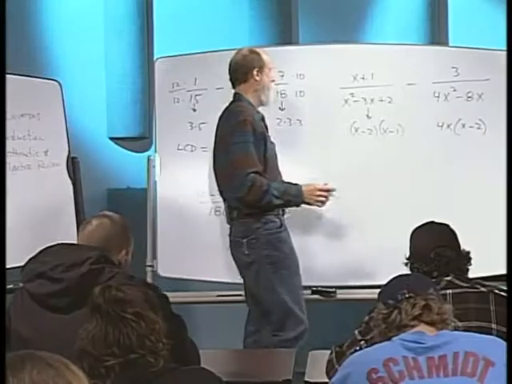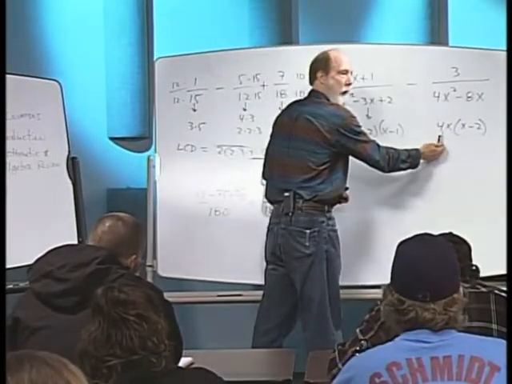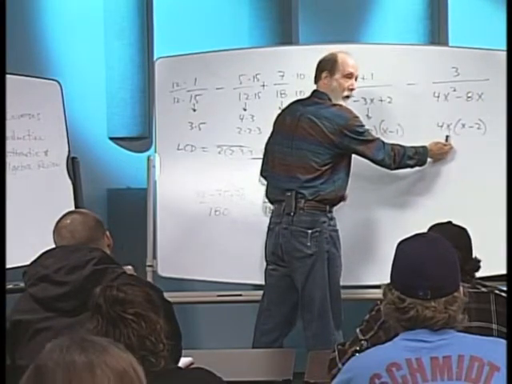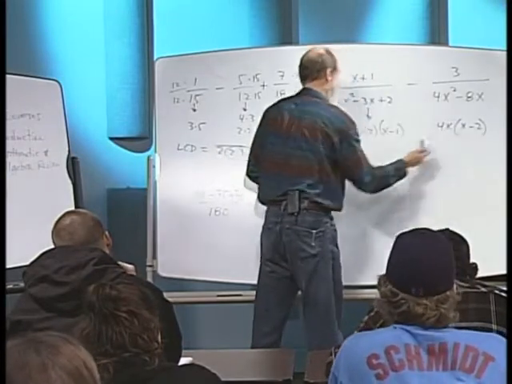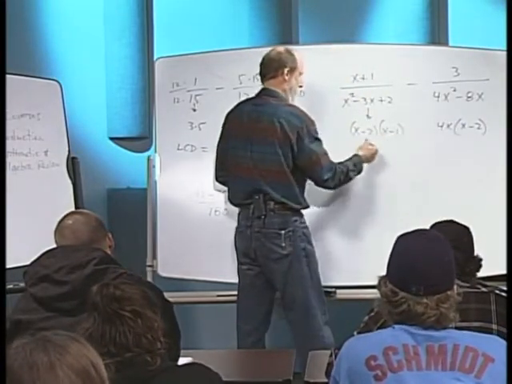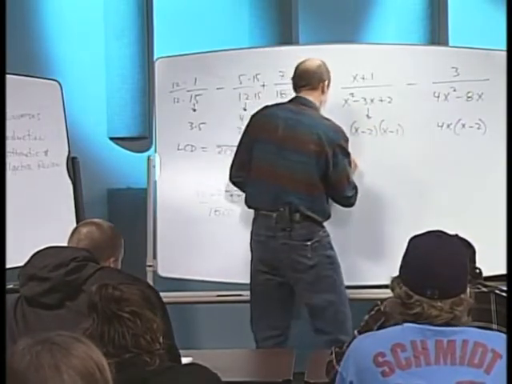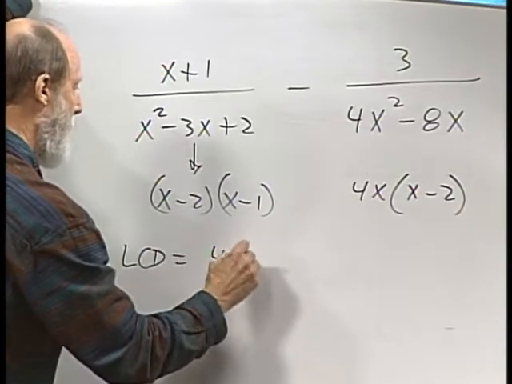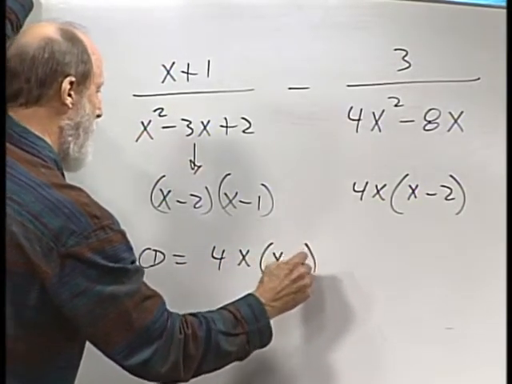So the factors are 4, which is made up of 2 times 2, an x by itself, an x minus 2, and also an x minus 1, right? So the LCD that exists involves all of those: 4 times an x minus 1 times an x minus 2.